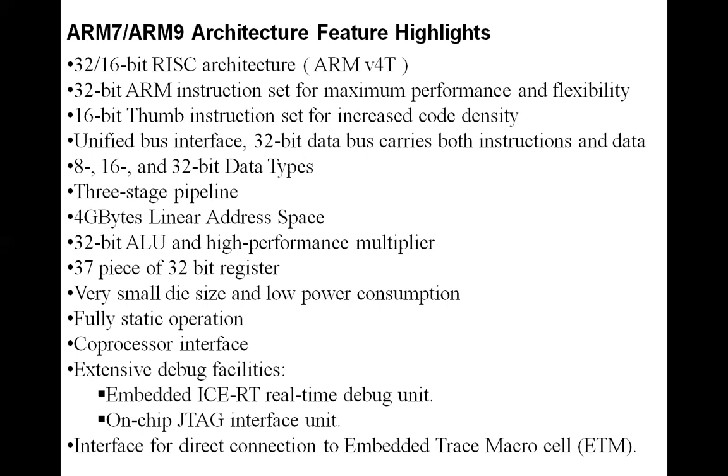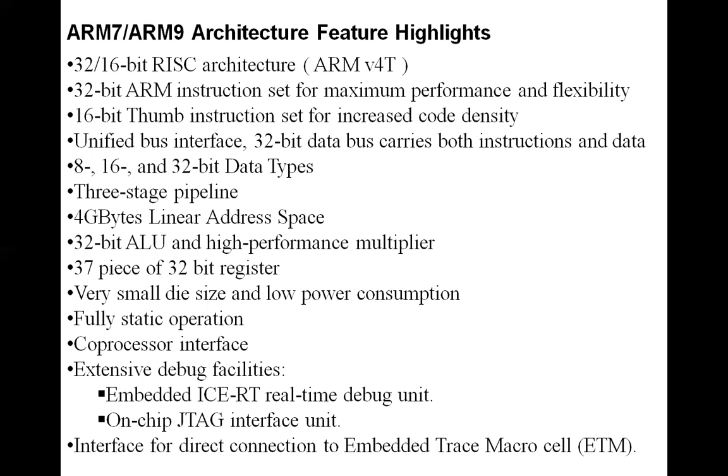Then a unified bus interface is there. Whatever bus interface is available with this ARM core is very good. Here you can find a 32-bit data bus, which carries both instructions and data. Similarly, it has 8-bit, 16-bit, and 32-bit data types.